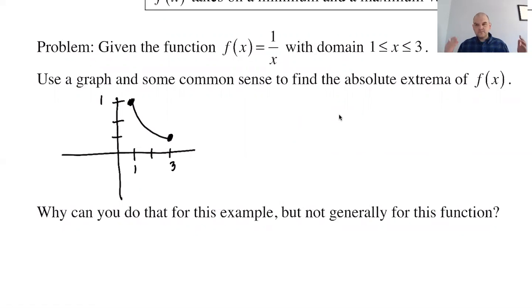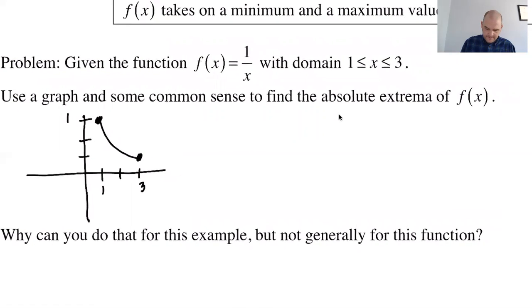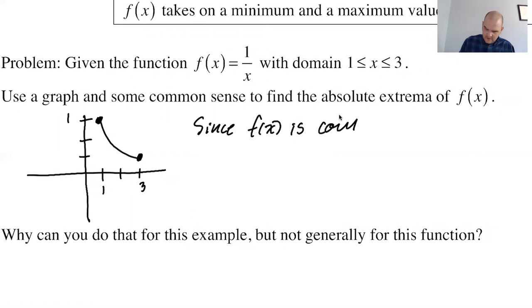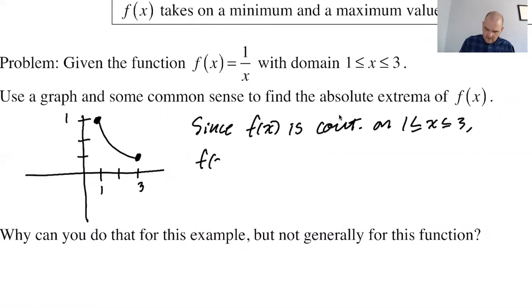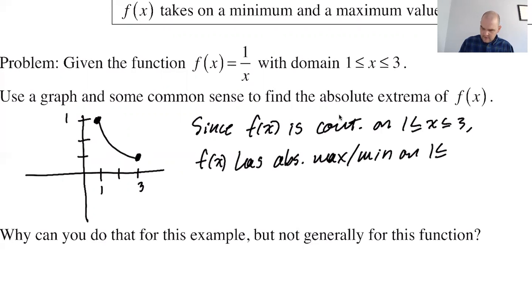Okay, continue. So let's write this up. We'll say, since f of x is continuous on 1, 3, f of x has an absolute max and min on 1, 3.